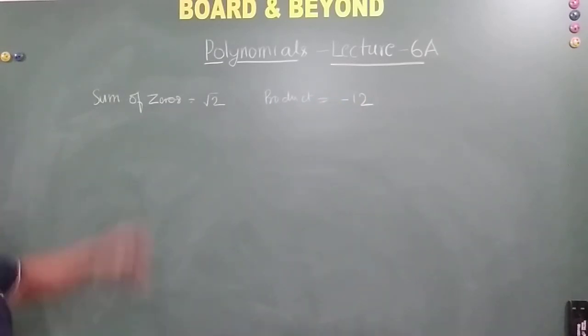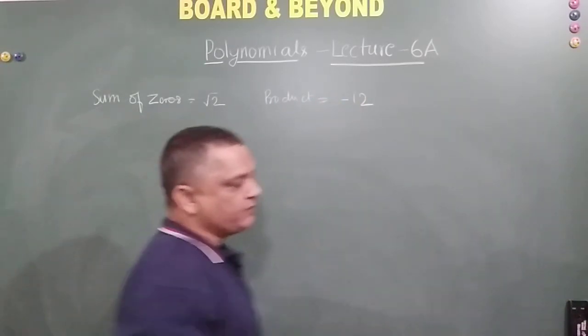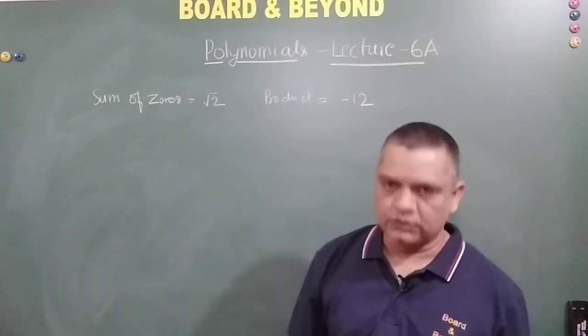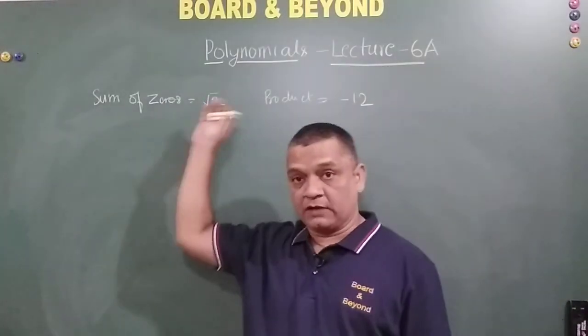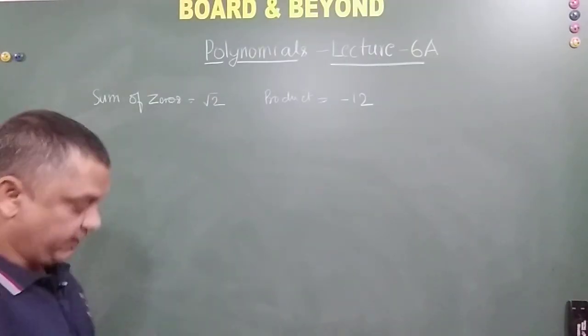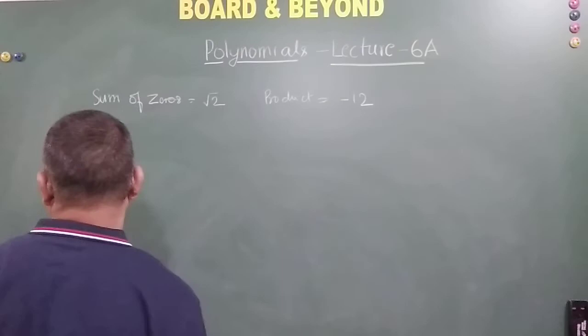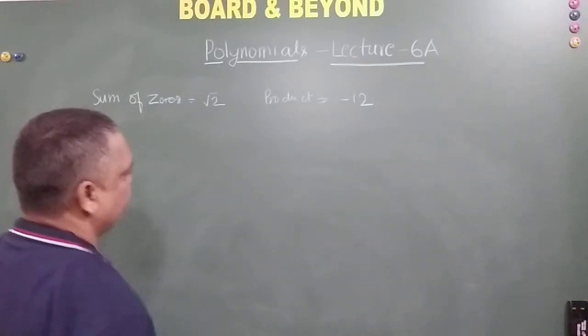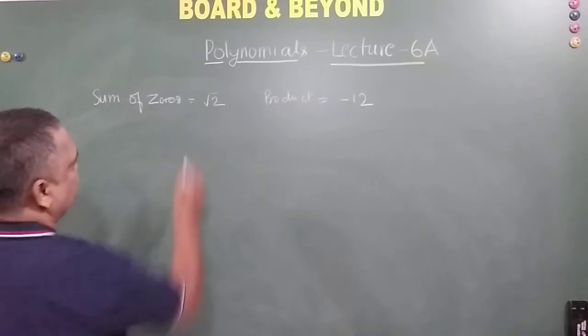So these are the two data which have been given to us. Sum of the zeros has been given to us as root 2 and product of the zeros has been given to us as minus 12. Right friends? We are expected to formulate the quadratic equation here and then find out the roots as well. Two things that have been asked of you.